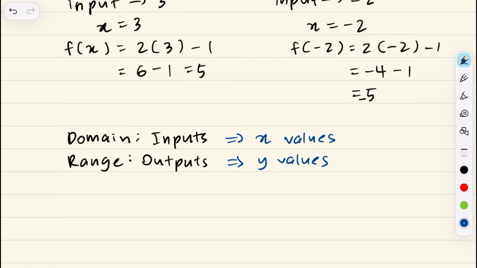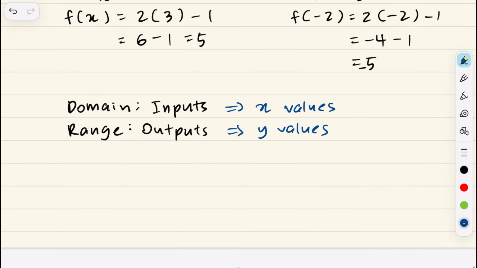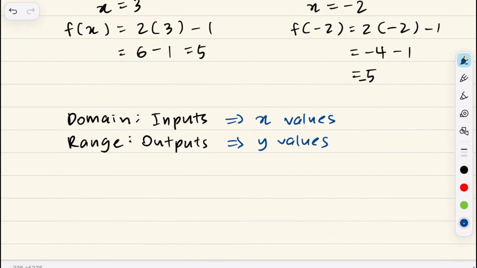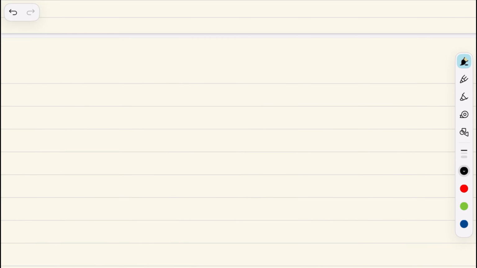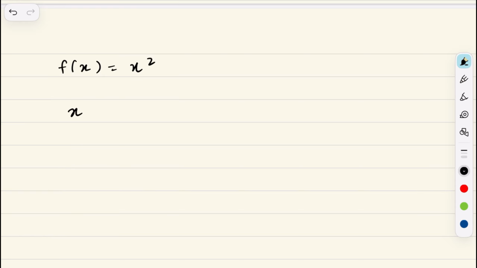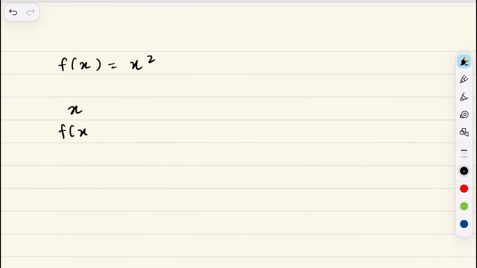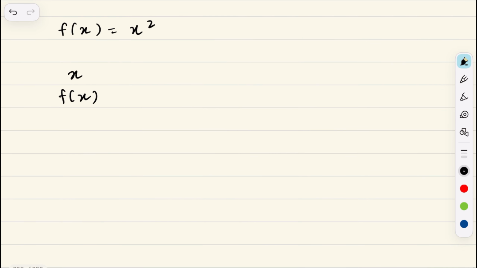All right, this is very important. Now, to understand domain and range, let's draw a table of values. Let's think about the function f of x equals x squared. We have x and y, but since it's a function, we don't use y, we use f of x. And you may be wondering, why do we use f of x and not y? It doesn't matter.